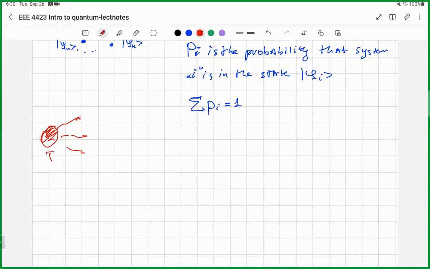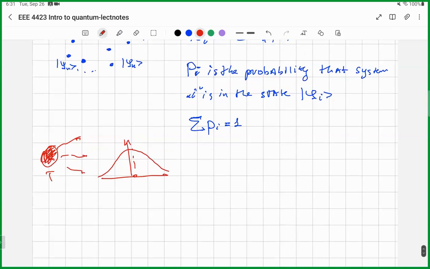This source emits electrons, and you roughly know the energy of these electrons, but the velocity, or momentum, of these electrons is distributed somehow around some average value.